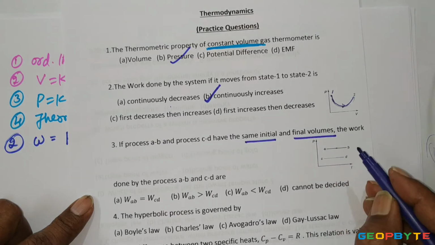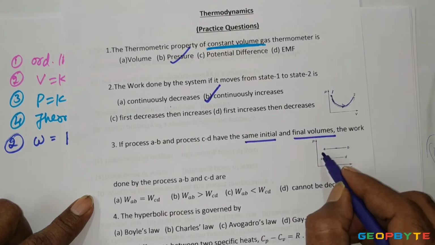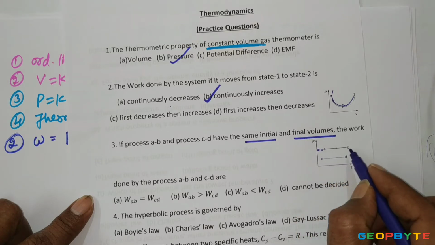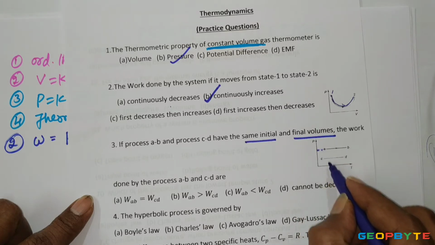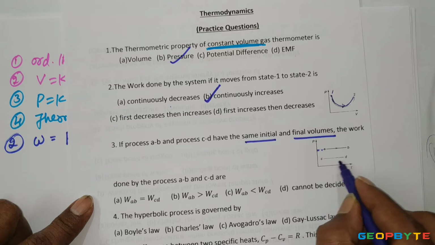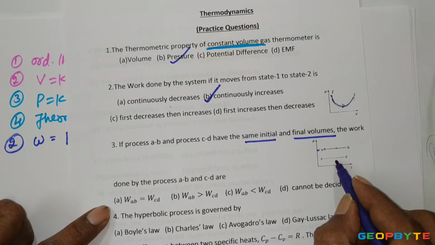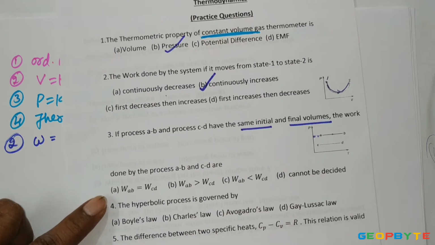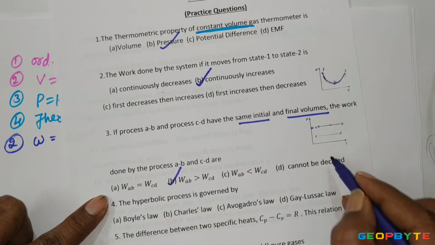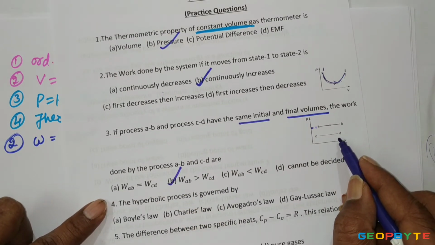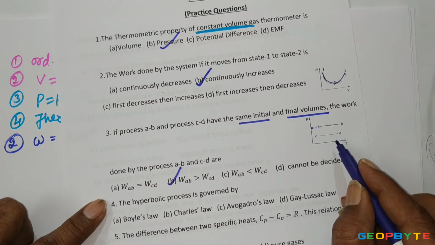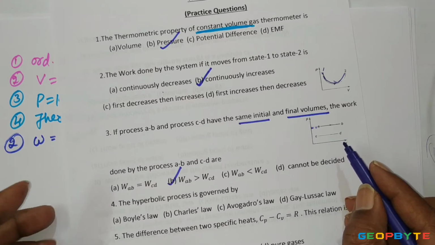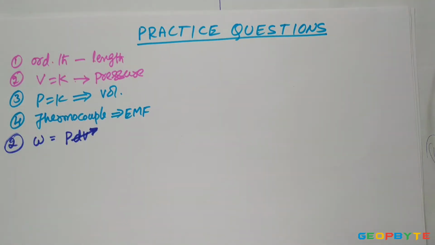since the pressure maintained by the process AB is higher than pressure maintained by the process CD, therefore the work interaction for AB is more than work interaction for CD, because for the same volume limits, if the pressure is more, the work interaction is more.